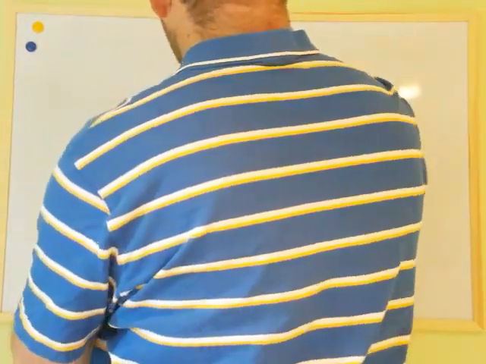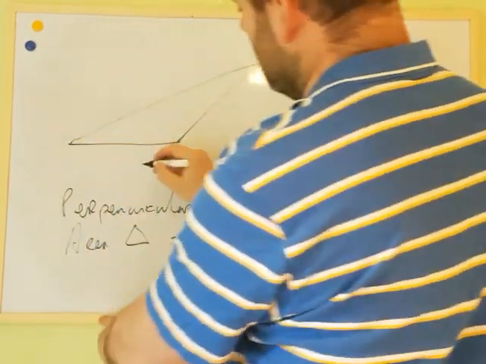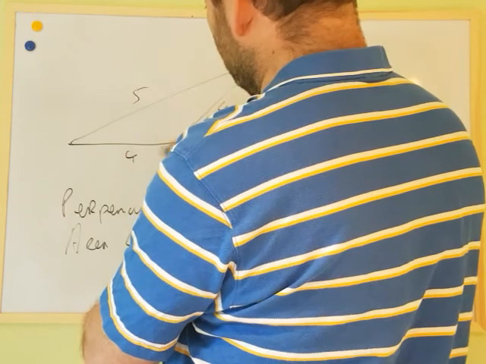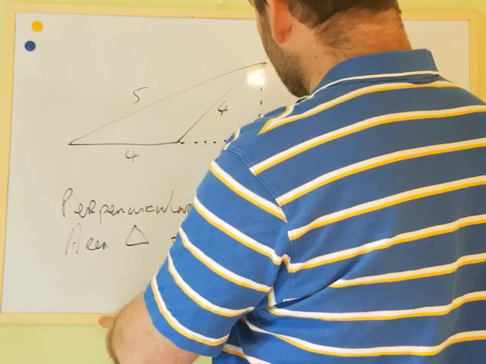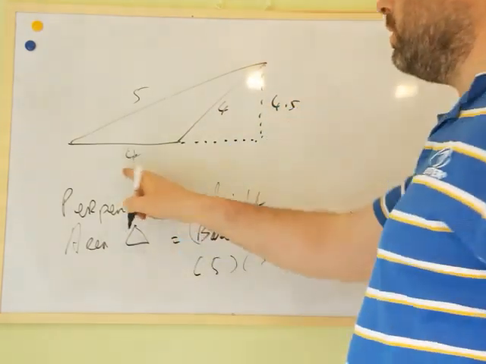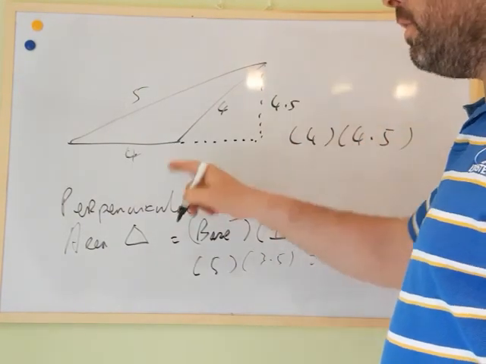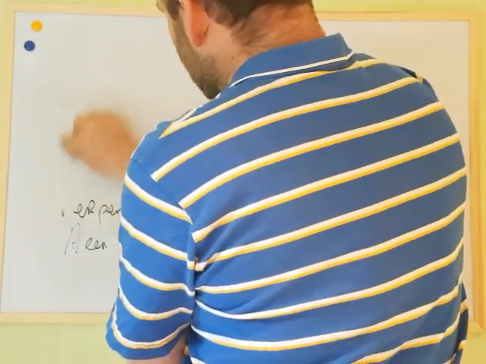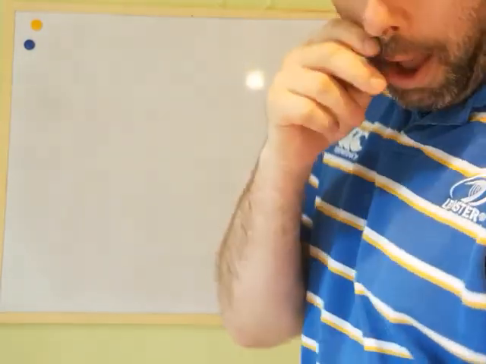And if I had a scalene triangle that was a bit more irregular, let's say something like this, my perpendicular height would actually be outside the triangle. So this would be my base, and this would be my perpendicular height, okay? Now this is all explained in the book, but you have to make sure you remember it, okay? So, I'm now going to go through a couple of bits of some of the questions in the book for you.